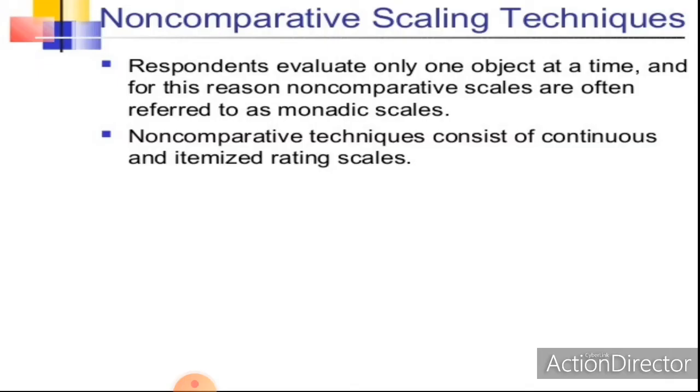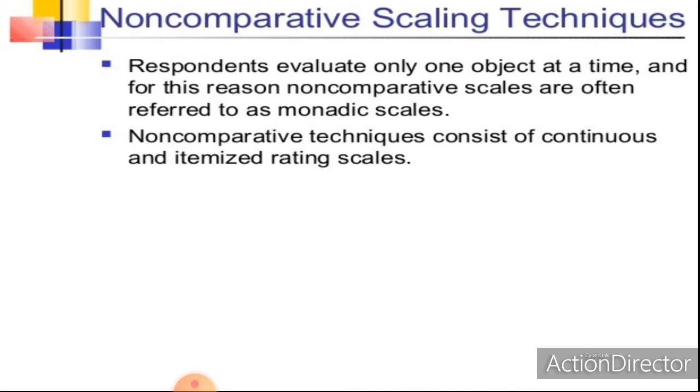Now coming to another topic, that is the non-comparative scale. So what is a non-comparative scaling technique? In this, respondents evaluate only one object at a time. So in this case, the respondents are asked to evaluate a single object rather than several objects.